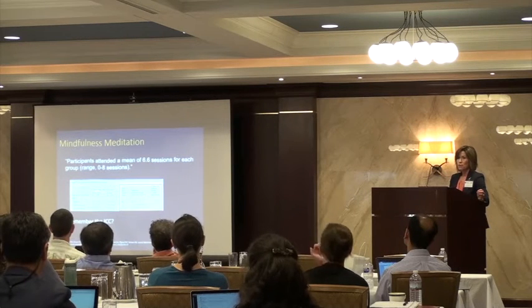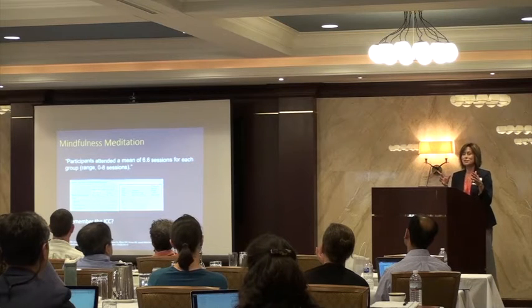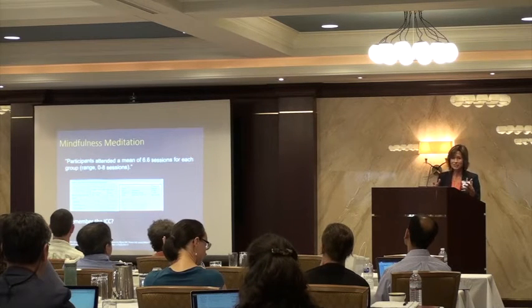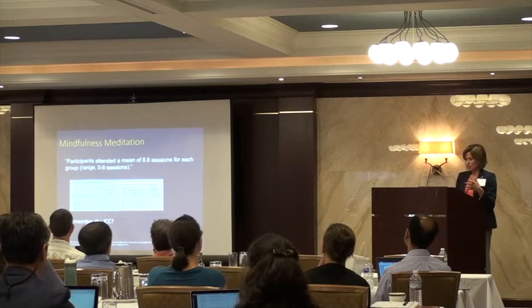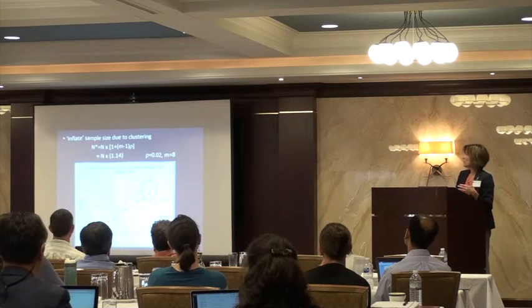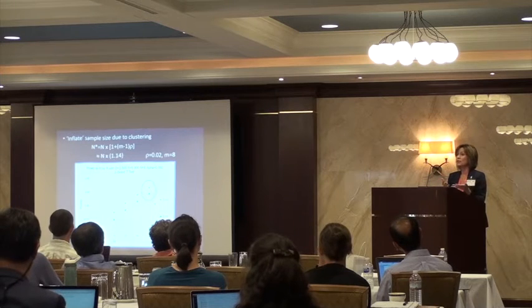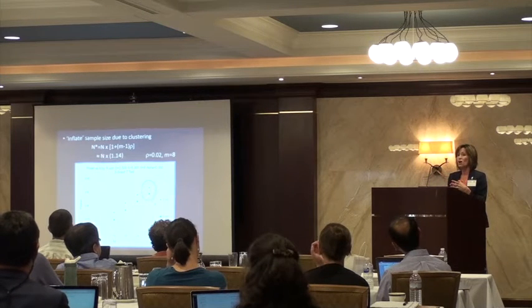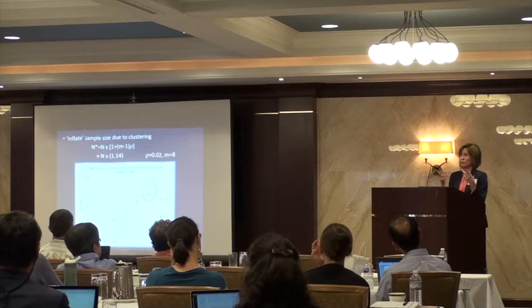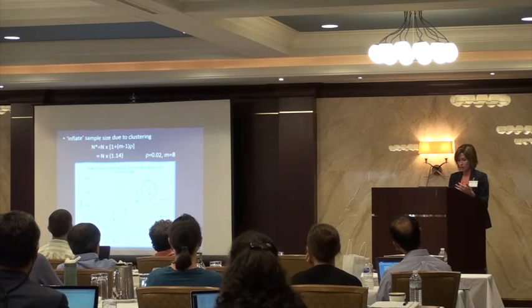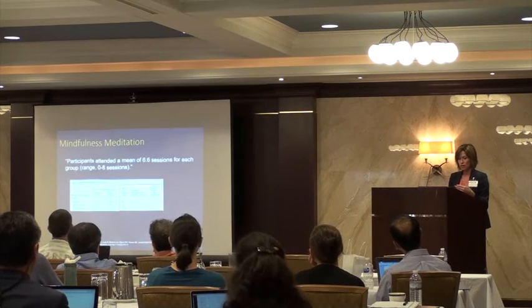So, in sample size calculations, I think there's a session coming up about what your statistician needs to know to help you with sample size. So that .02 that I assumed was a total guess. I did a little bit of work, but it was very hard to find articles that were looking at groups of older adults who had low back pain to see how similar they were over time.